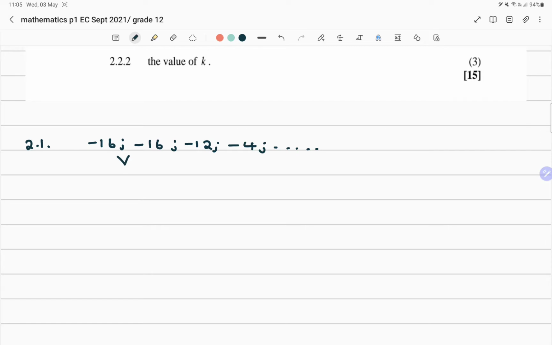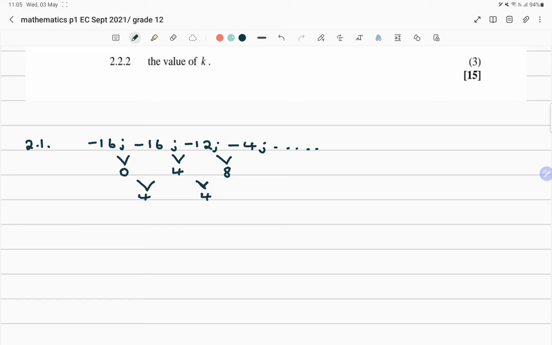And then of course between these two we know that there's going to be 0. Between these two there's going to be 4. Between these two there's going to be 8. Okay? Great. So between these two there's going to be 4. No, positive 4. And between these two there's going to be 4 as well.